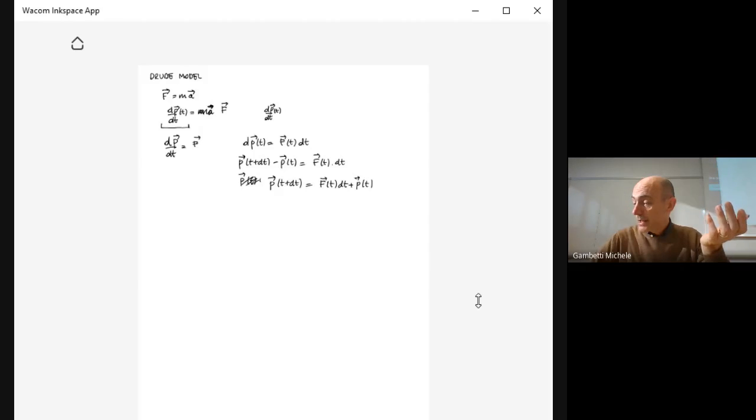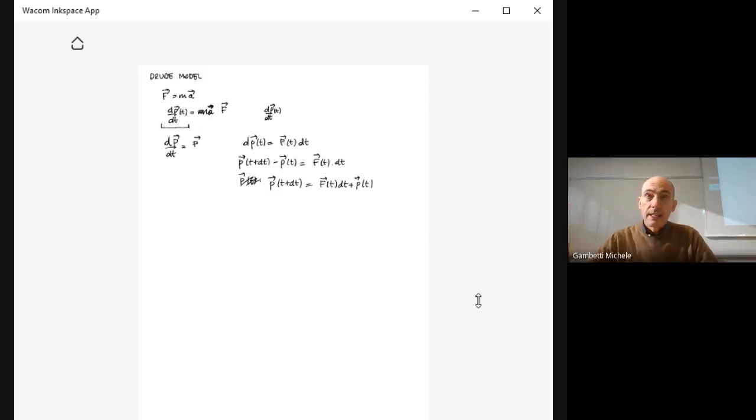Now, you are able to see that p at time t plus dt is equal to that term if the electron from time t to time t plus dt does not suffer a collision, because otherwise p at time t plus dt does not depend on the force, because the collision erases any contribution coming from the force. So the idea is that this equation is valid only for the electrons that from time t to t plus dt do not suffer a collision.